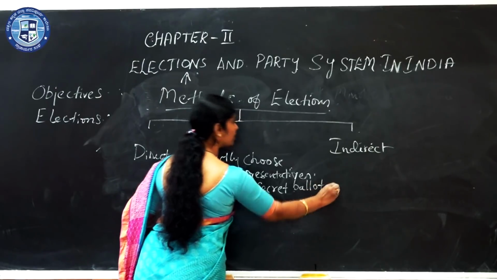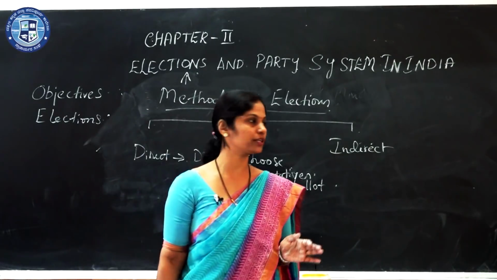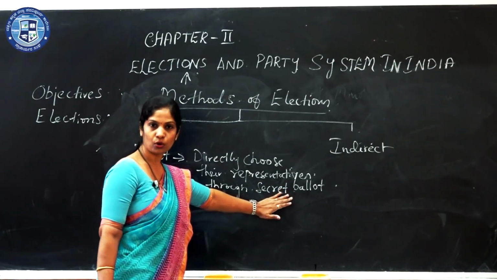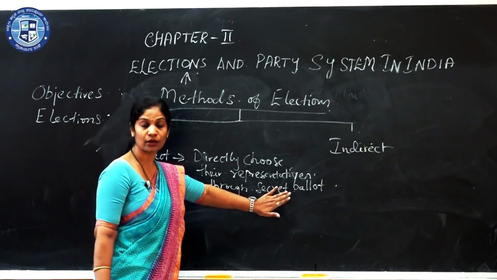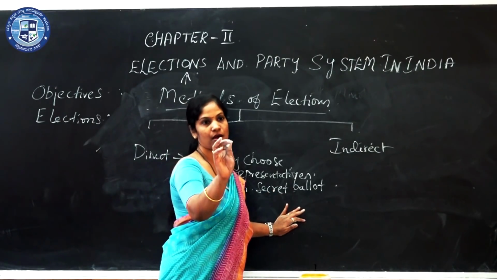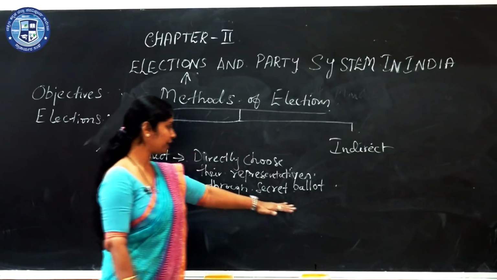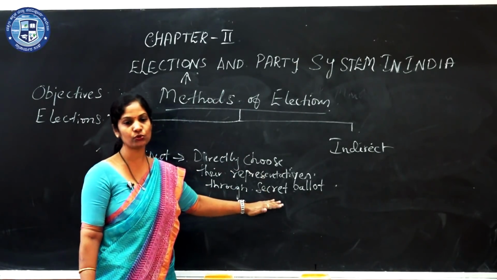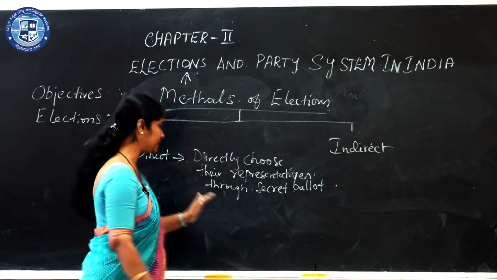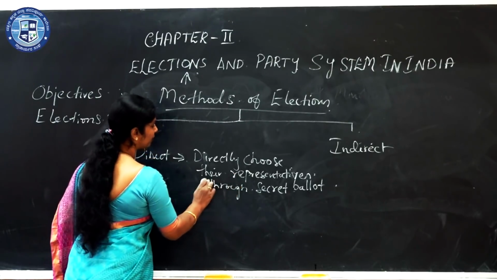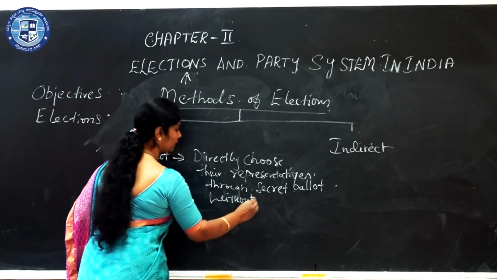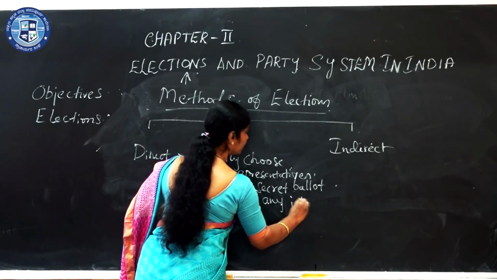Of course, this is very important. Your vote should be kept secret. You need not show to whom you have voted. That is known as the secret ballot. So people choose their representatives directly, without any intermediaries. Of course, this is very important. They choose their representatives through the secret ballot without any intermediaries.